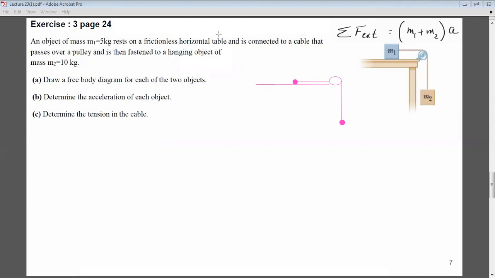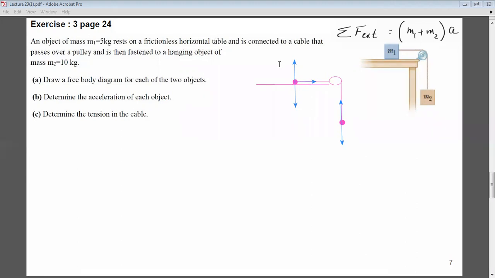Now we draw the forces. For the first one, we have the weight, the normal, and the tension. For the second one, we have the tension and the weight.